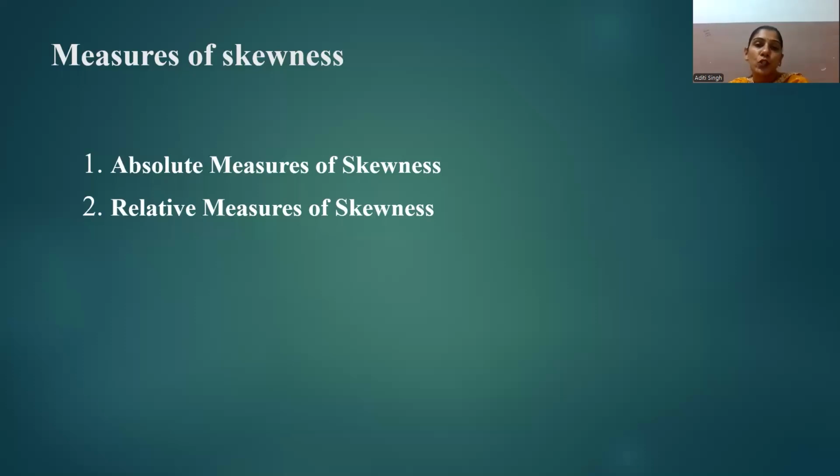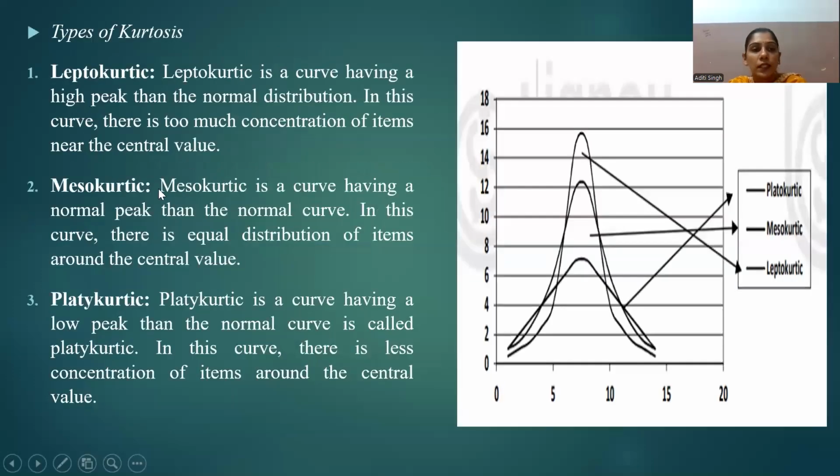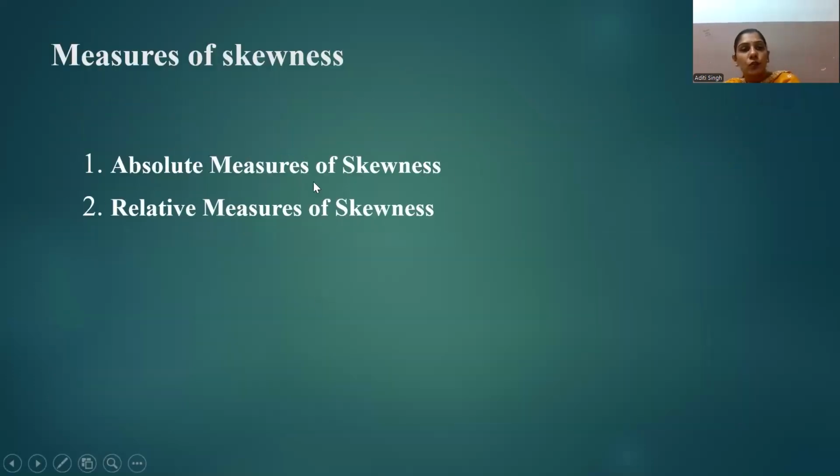But an absolute measure of skewness cannot be used for comparison, because the same amount of skewness has different meaning in a distribution with small variation and in a distribution with large variation. So for measuring skewness, there are two methods: absolute measure and relative measure.